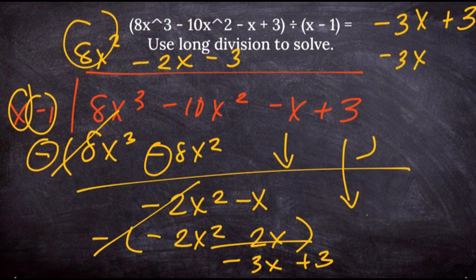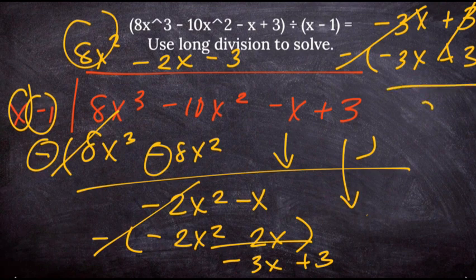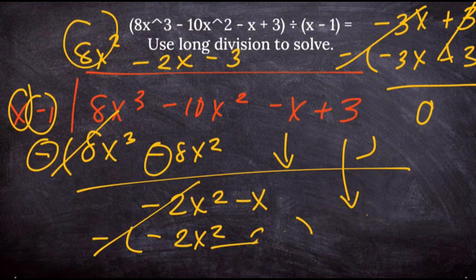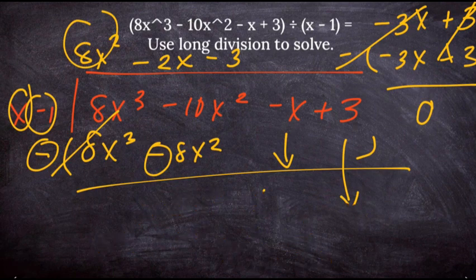But there's obviously another negative on the outside. And -3 times -1 gives us +3. This cancels out, and this also cancels out, leaving us with 0, meaning that we canceled everything out, and we now have an answer. We now have our quotient. So to write this answer, we would write it as 8x squared minus 2x minus 3.